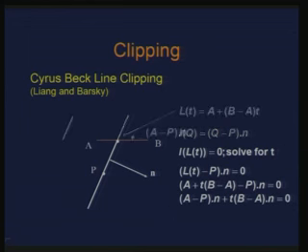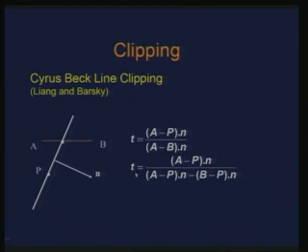Okay. So, just to give you the whole picture, I have this t determined as (A minus P) dot N divided by (A minus B) dot N, which I can further write like this.